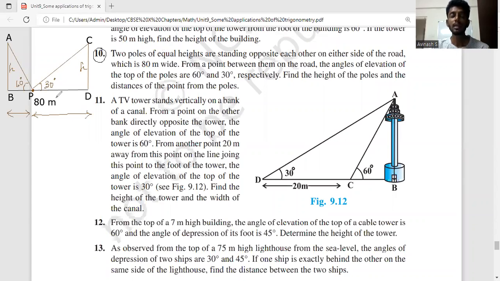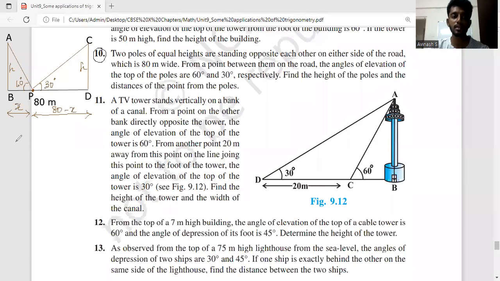That we don't know. So let us assume this value of BP as x. Some of you might think we'll assume this as y. No, because we know the whole thing is 80 and the remaining will be 80 minus x. So we are assuming BP as x and the remaining value will be 80 minus x. This is something that we should know. I hope this is clear.